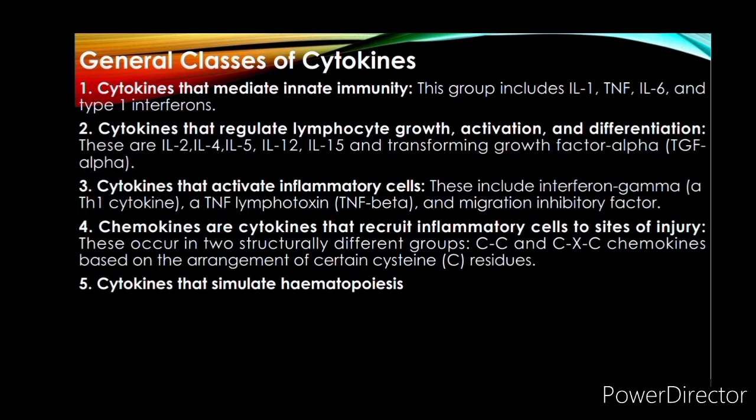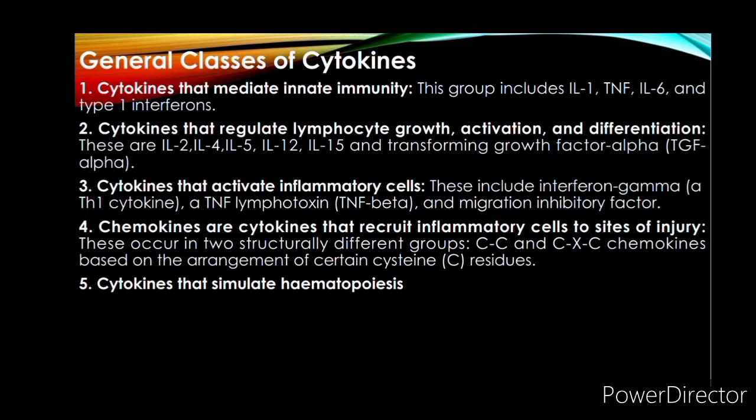The CC chemokines are produced largely by T cells and include monocyte chemoattractant protein 1 or MCP1, and monocyte inflammatory protein 1 alpha or MIP1 alpha.